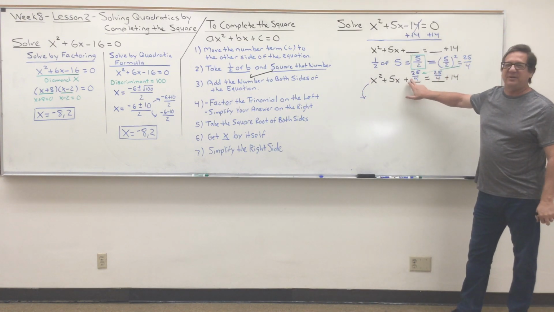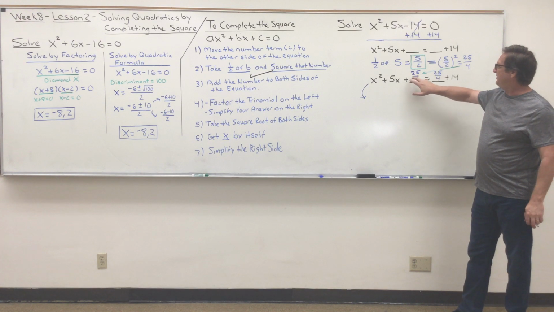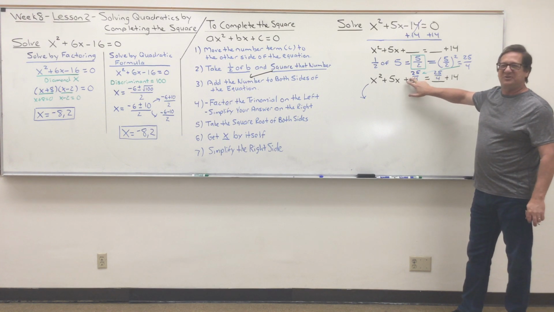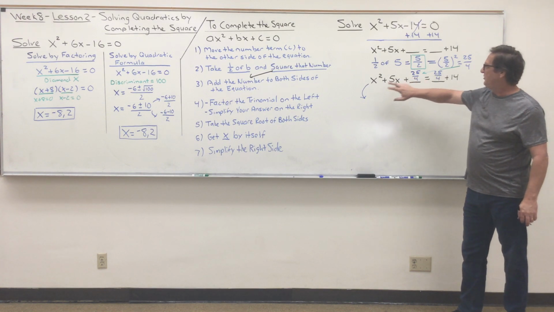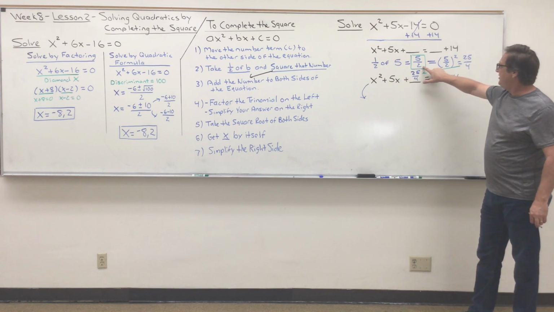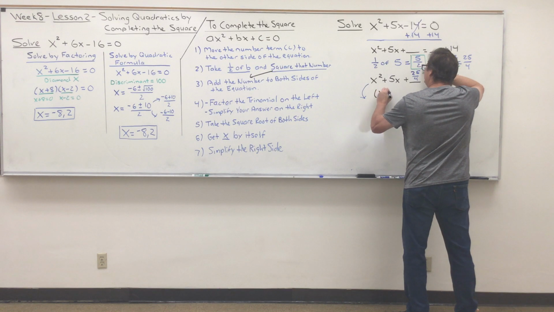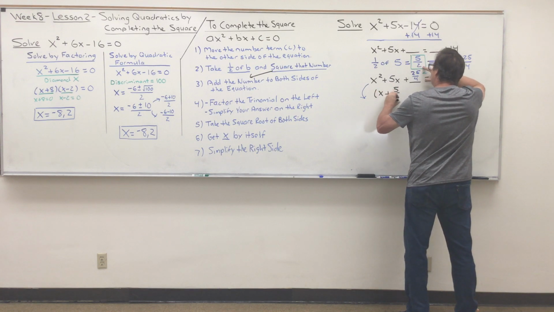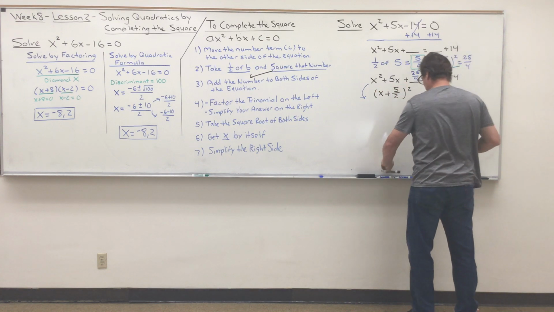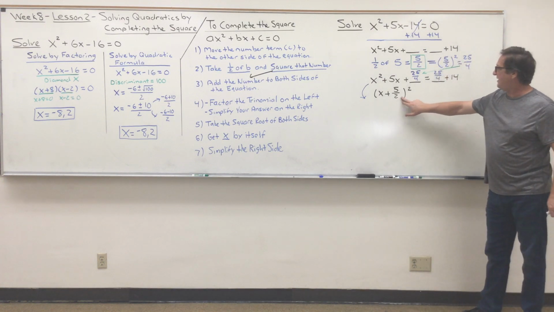Well, this would be pretty tough to factor in any other situation, so it's a good thing that we know that if we were to factor this, we simply use this number right here. So it is x plus 5/2 squared.